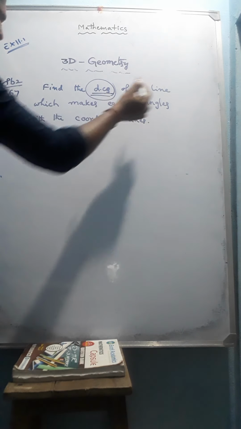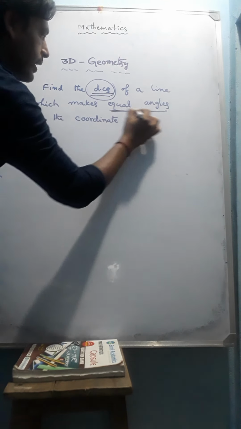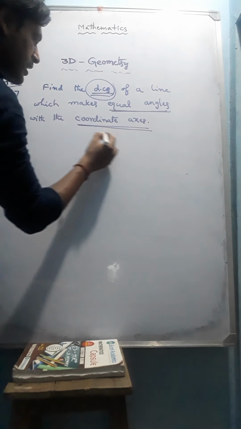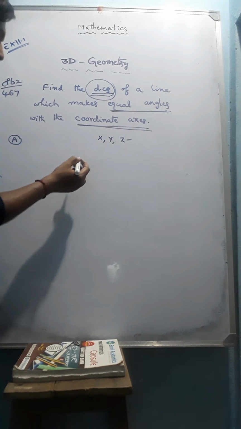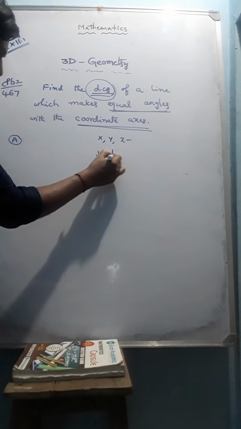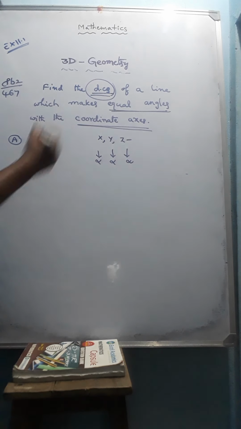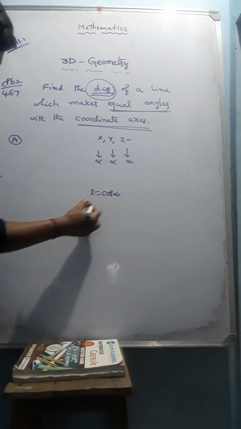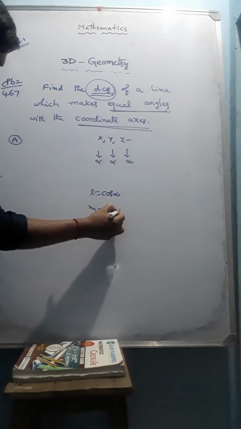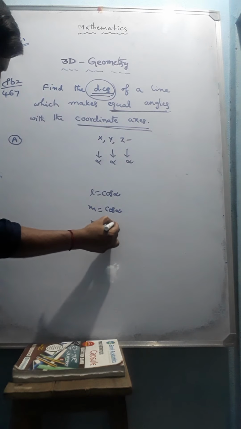Find the direction cosines of a line which makes equal angles with the coordinate axes. Coordinate axes means x, y, z axes. If that equal angle is alpha, here also alpha, here also alpha, that means L is equal to cos alpha, M is equal to cos alpha, N is equal to cos alpha.